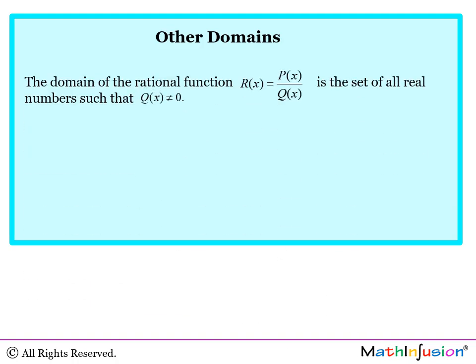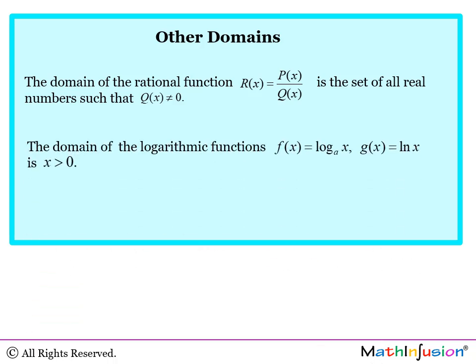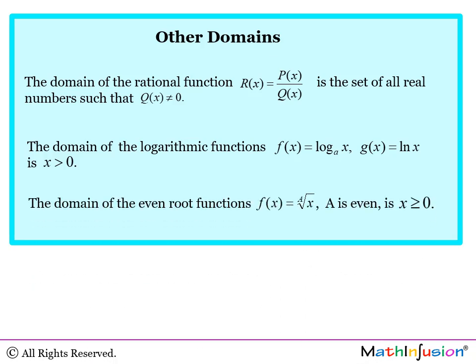For example, the domain of the rational function R(x), which is a polynomial over polynomial, is the set of all real numbers such that the polynomial at the bottom, Q(x), is not zero. The domain of the logarithmic function log base a of x or ln of x is x greater than 0, only strictly positive.